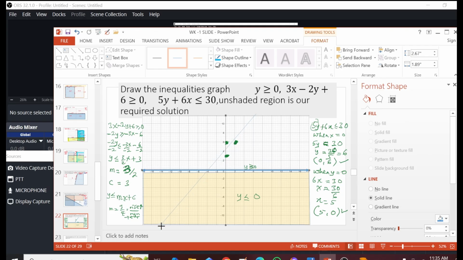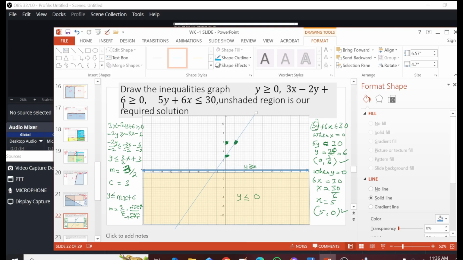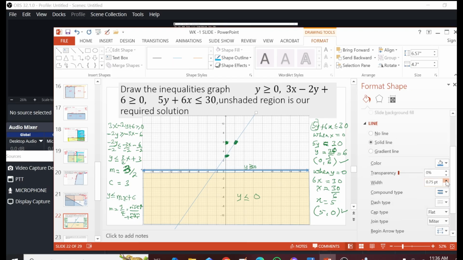It must cut the two parts. Okay, I think it's okay now. And Y is going to be a thick line. Let's make it thicker. All right, I have this.